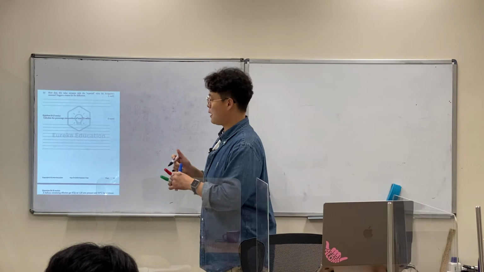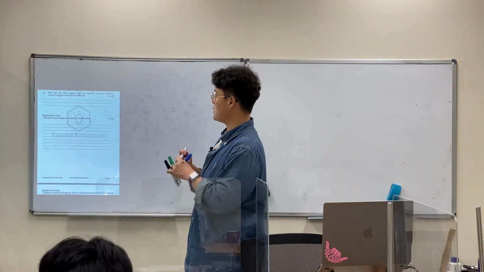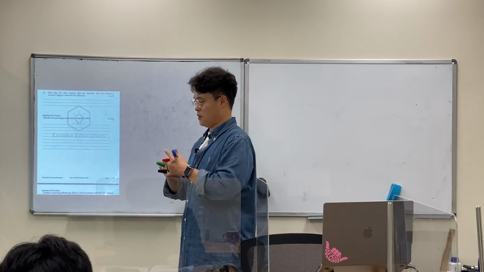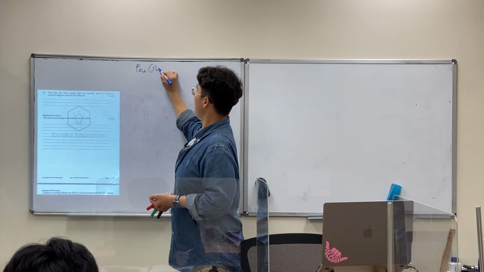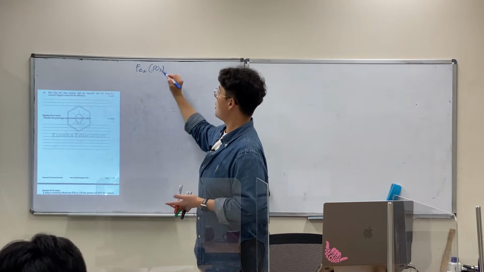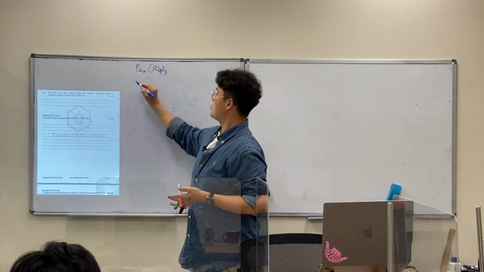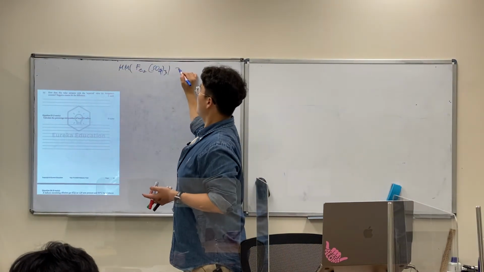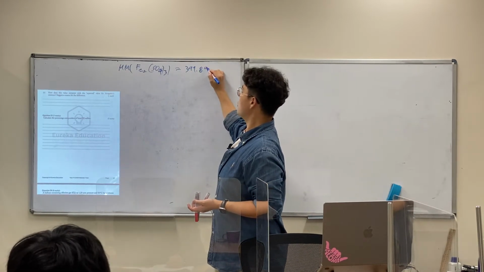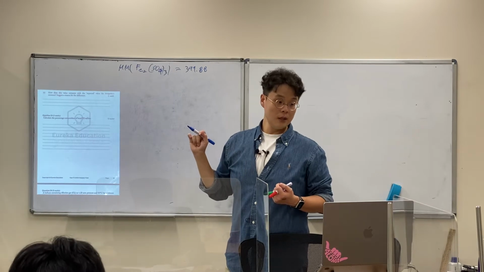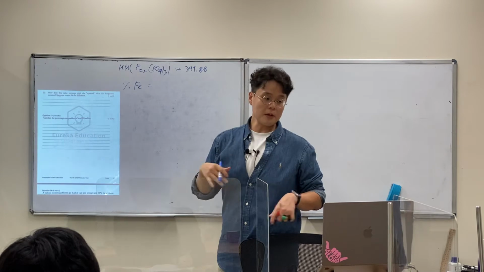So find the molar mass of iron 3 sulfate, that is Fe2(SO4)3. The molar mass should be 399.88. The percentage of iron can be found from the molar mass.